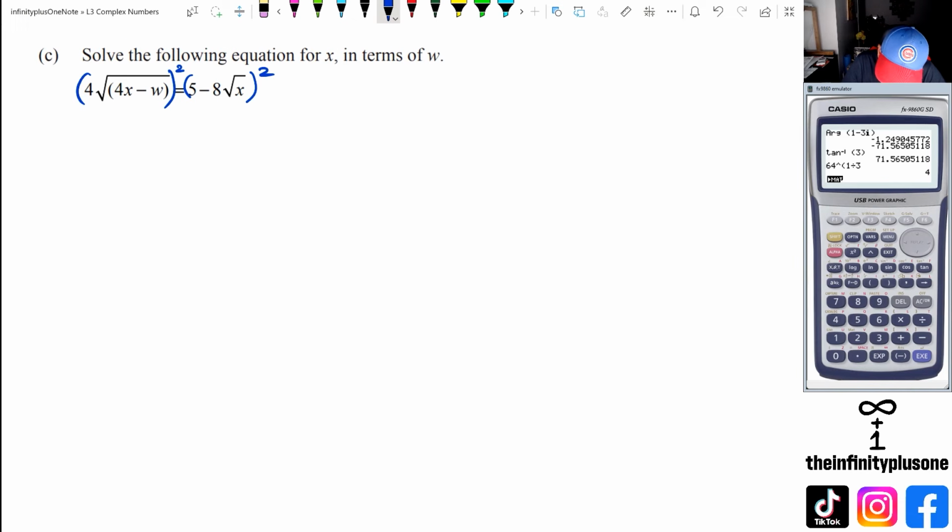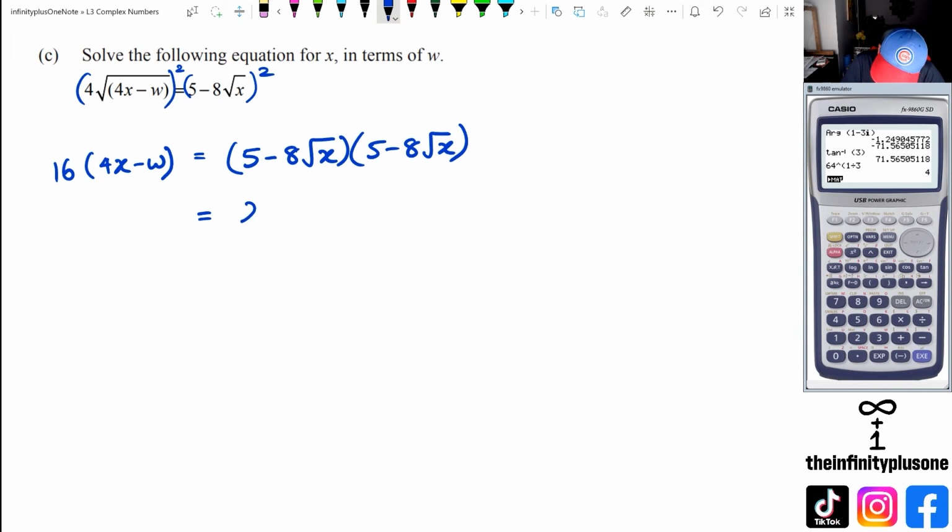If I do this, on the left hand side, I will get 16 multiplied by 4x minus w equals, and on the right hand side I'm going to get 5 minus 8 root x times 5 minus 8 root x.